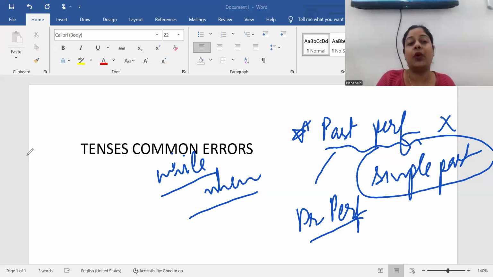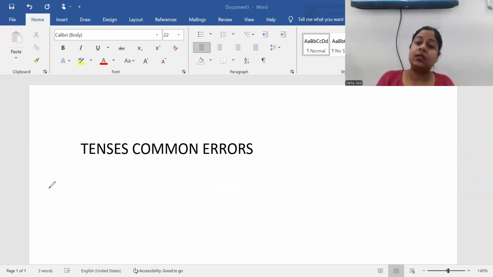Next, very important, is the future tense, which is nowadays very active in the tenses. That is for simple future, obviously. It's very simple to understand.